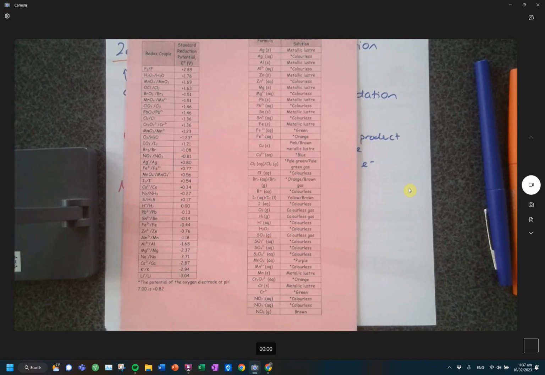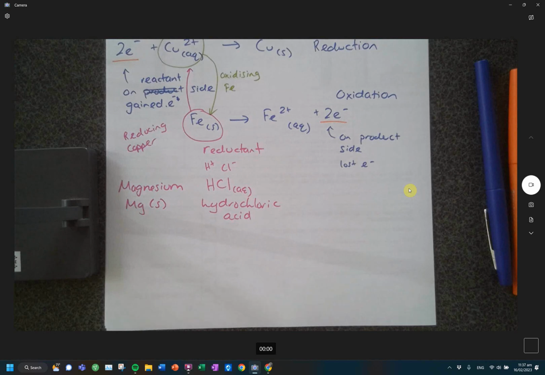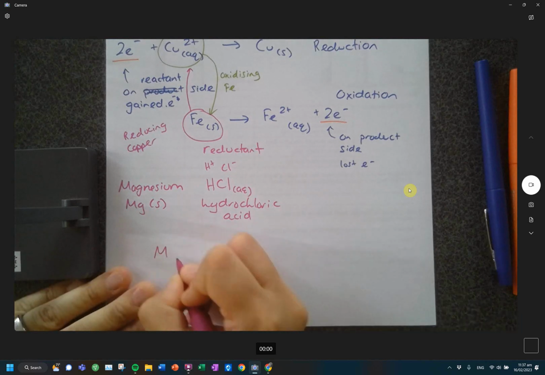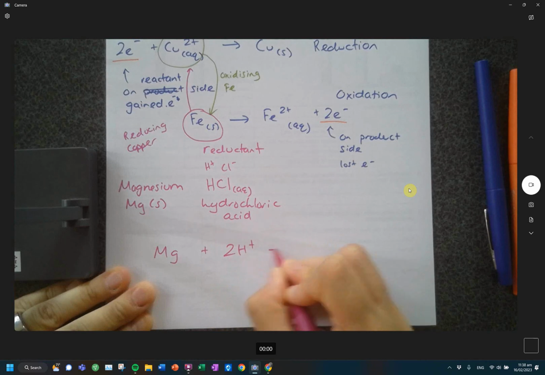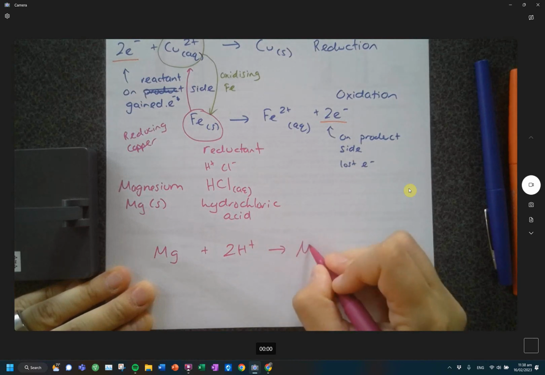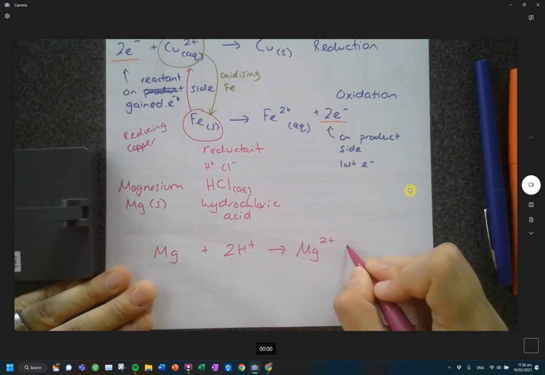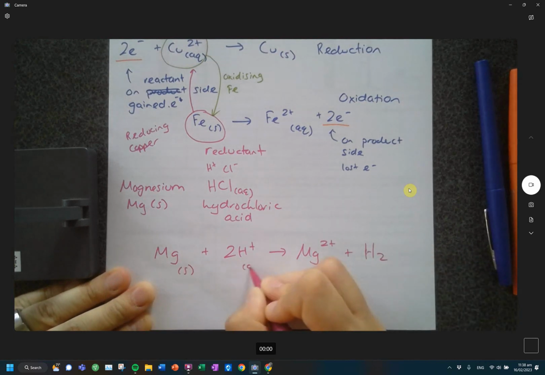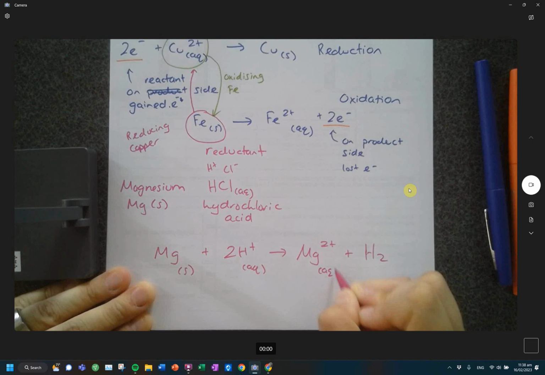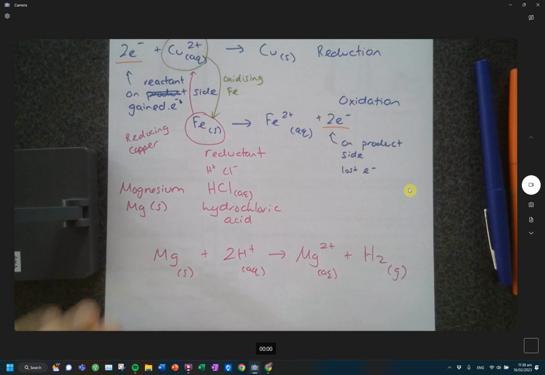Chlorine is not. So I'm going to write that half equation down. And I'm going to be nice. I'm going to balance it. Solid, aqueous, aqueous, gas.